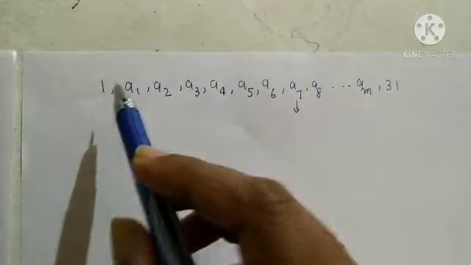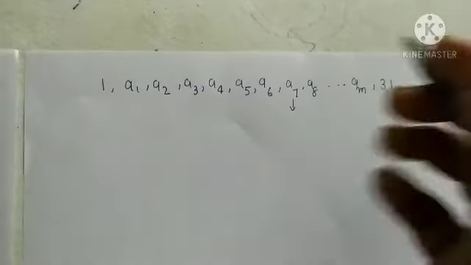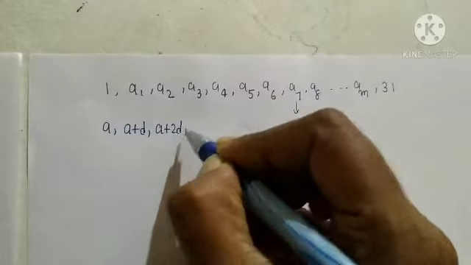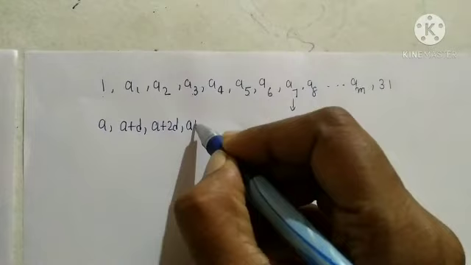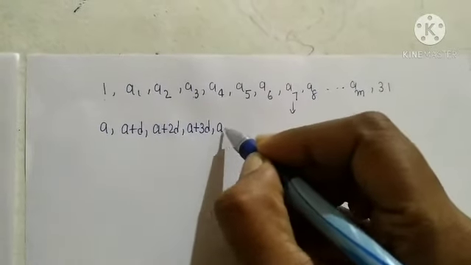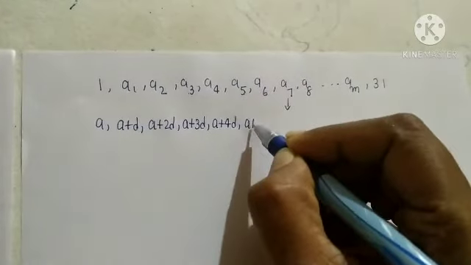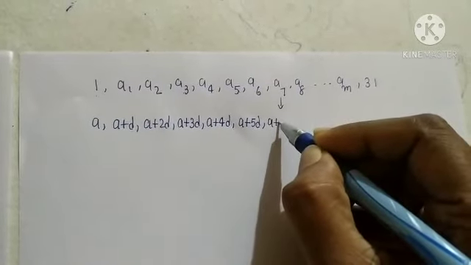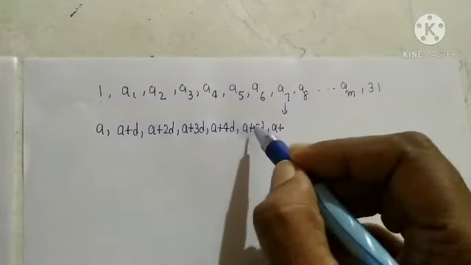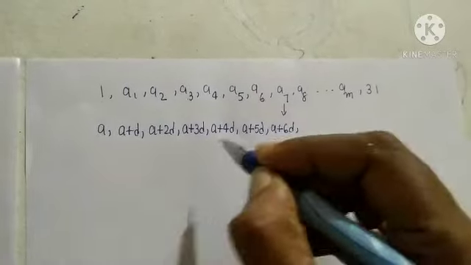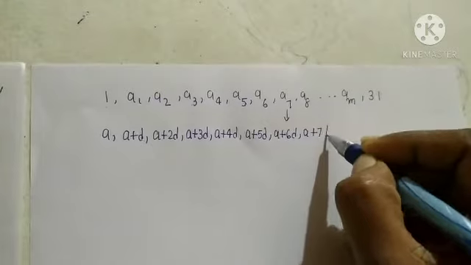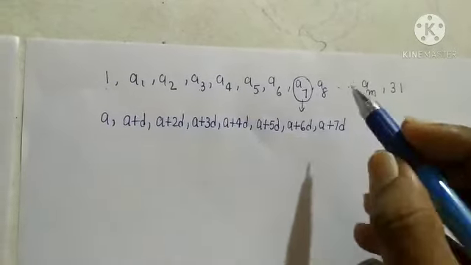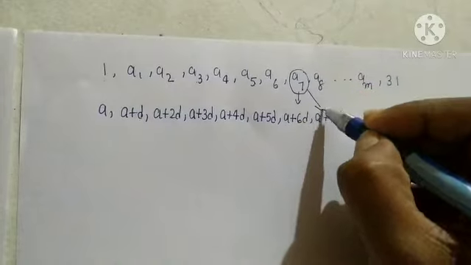If we write the general form of an AP, the first term is a, second term is a plus d, third term is a plus 2d, fourth term is a plus 3d, fifth term is a plus 4d, sixth term is a plus 5d, 7th term is a plus 6d, and 8th term is a plus 7d.